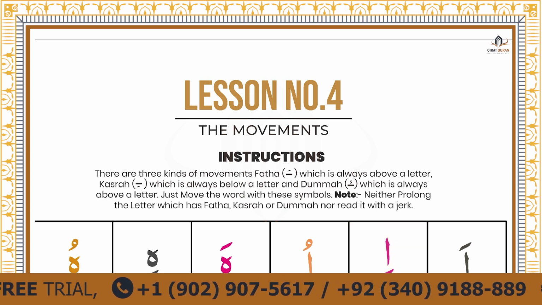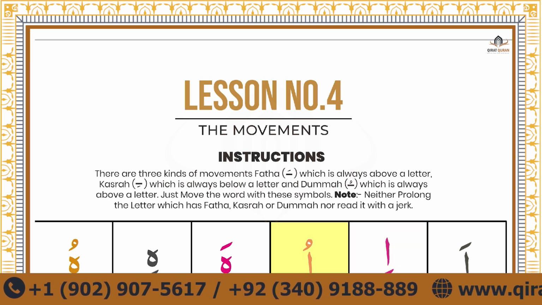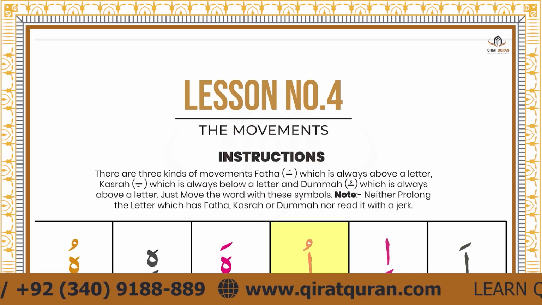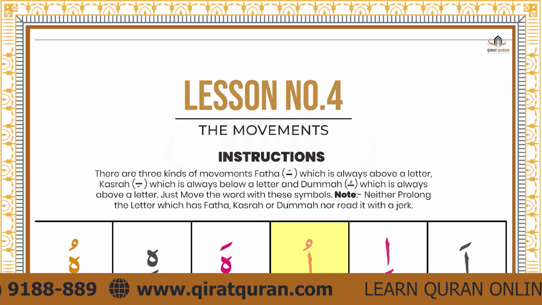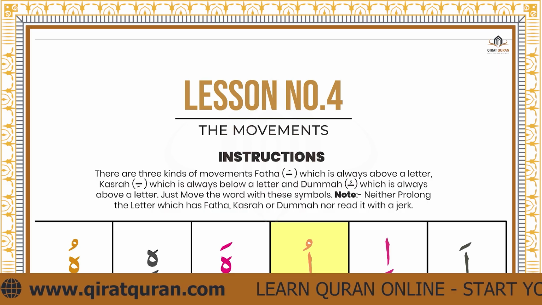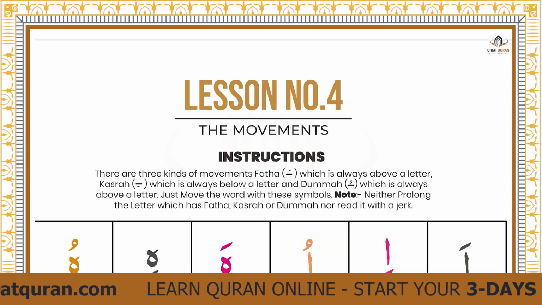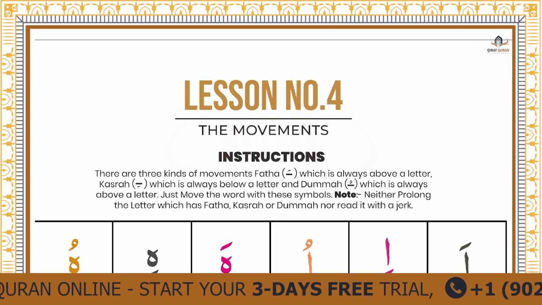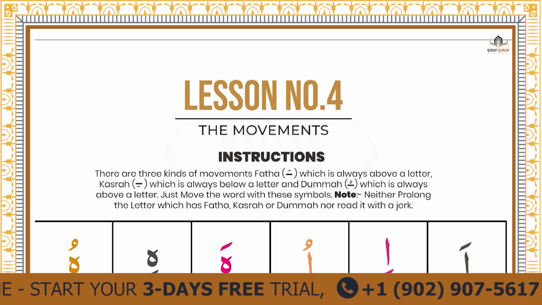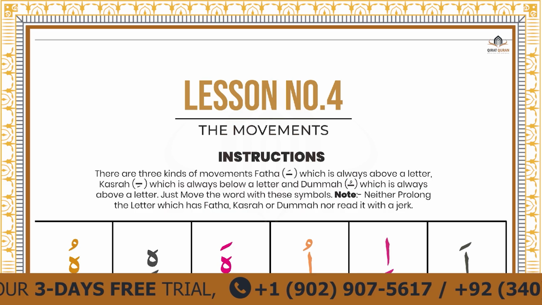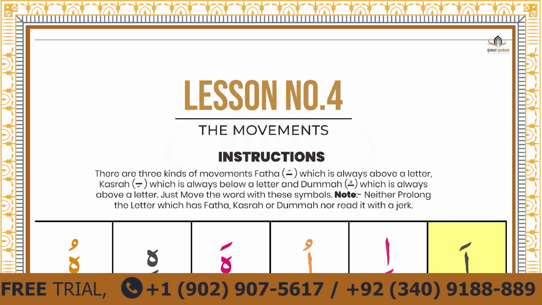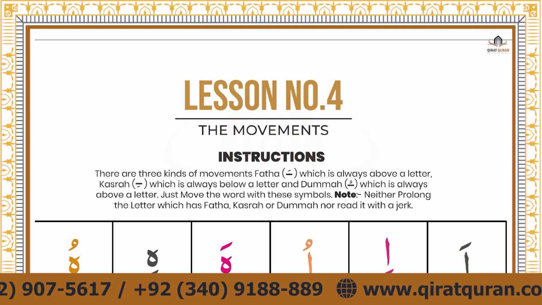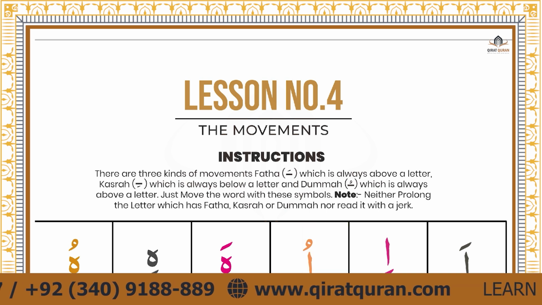And then the third one, a comma shape above the letter, pronounced as a short u, and it is called dhamma. So the first one is fatha, the second one is kasra, and the third one is dhamma.